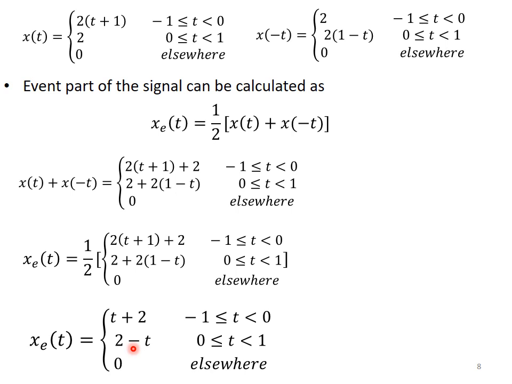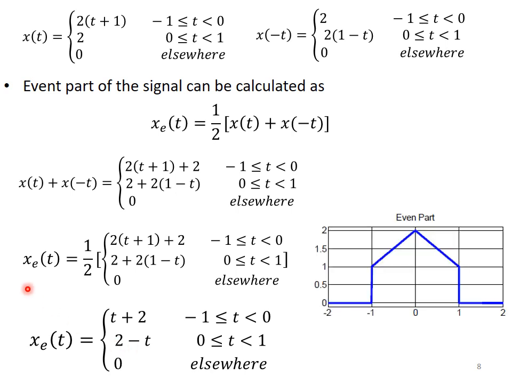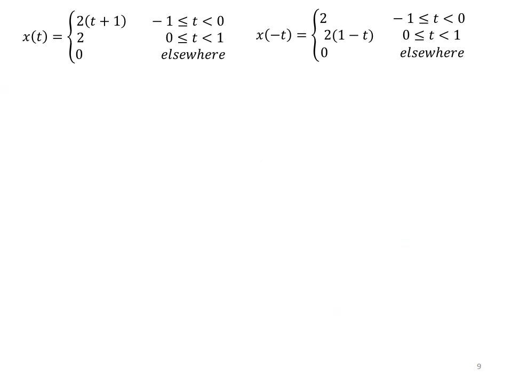It means a decreasing ramp function with the offset of 2. If you draw the graph, you will get this. This is t plus 2, and this is 2 minus t. This is the even part of the given signal, and in the same way we can find out the odd part.